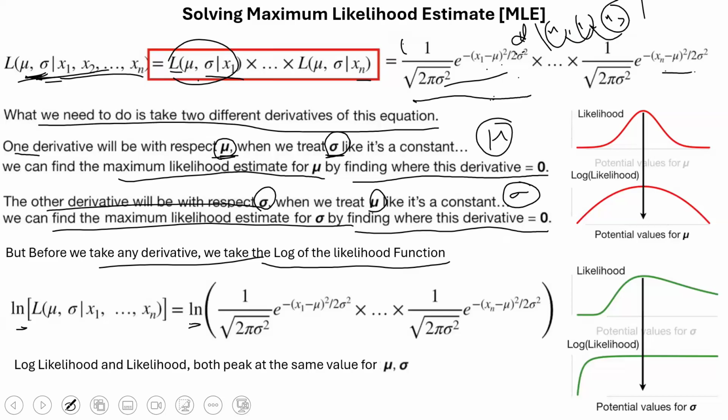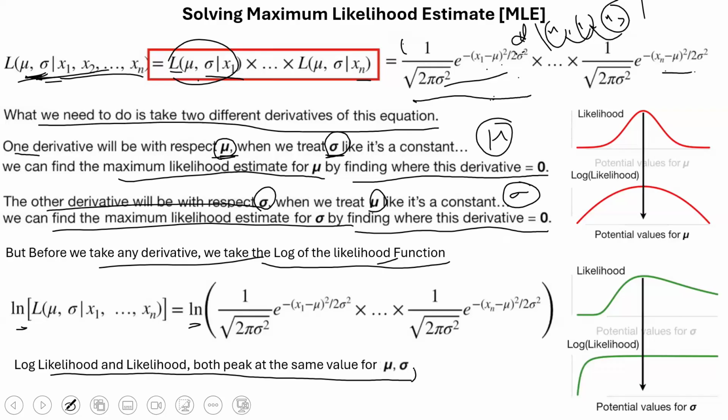Now when you apply the logarithm on both sides and take the derivative of that log likelihood, you know, log likelihood is nothing but applying the log to the likelihood function. The interesting thing is that log likelihood and likelihood both peak at the same value for mu and sigma. This is an experimental observation.